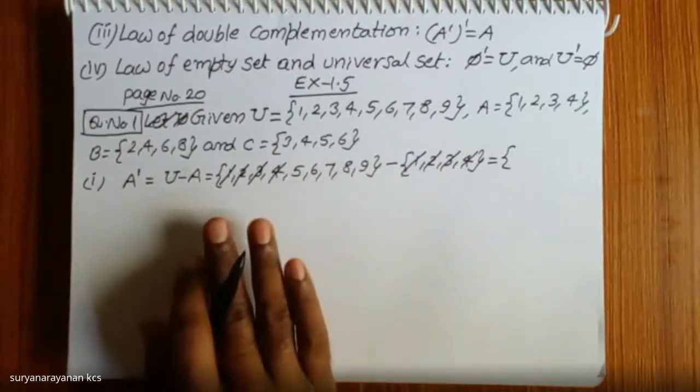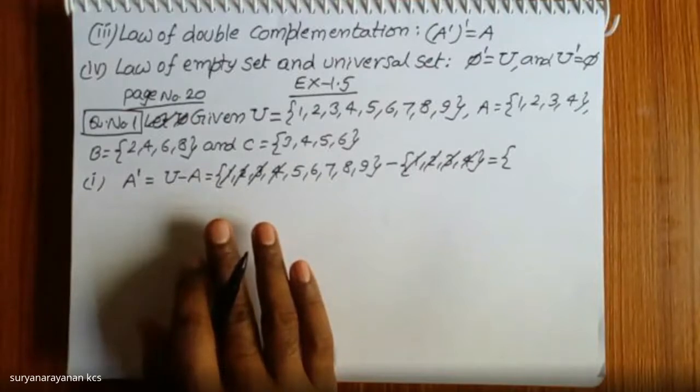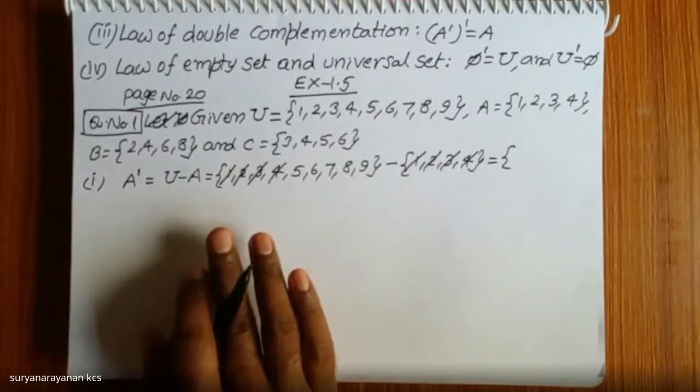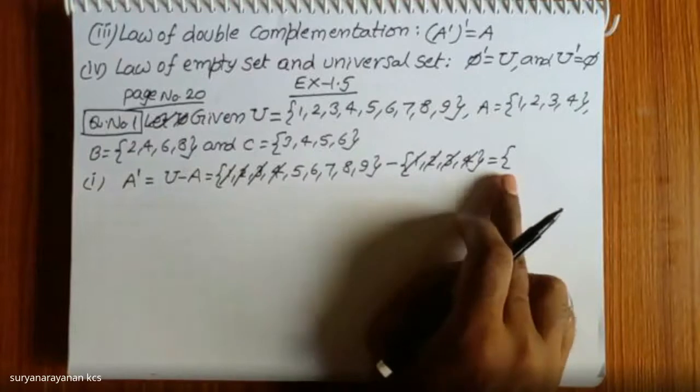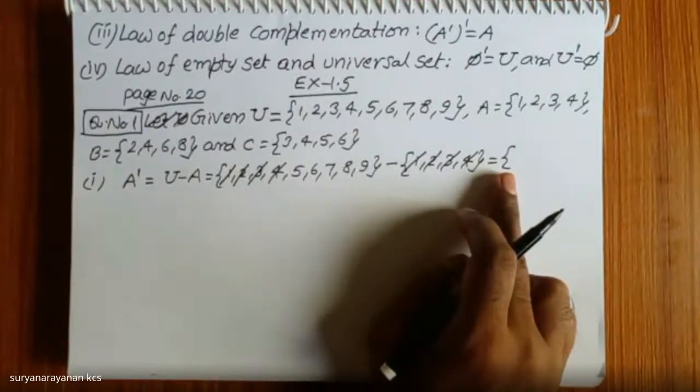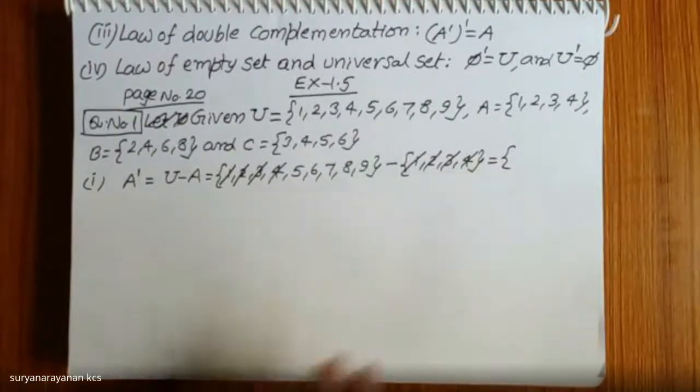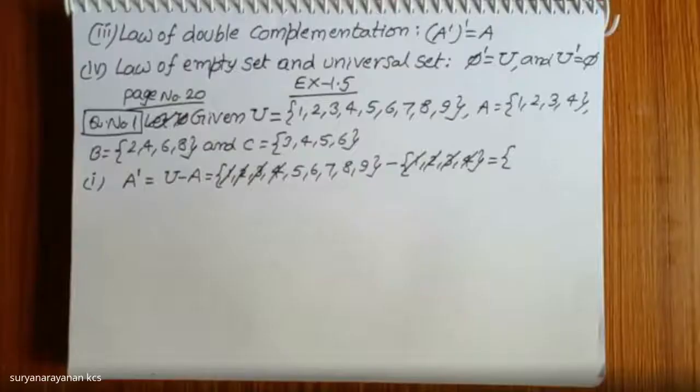After that, what should we do? What should we write here? Tell me. Anyone? In these set brackets, what should we write after the cancellation part is over? So the remaining elements in the universal set.